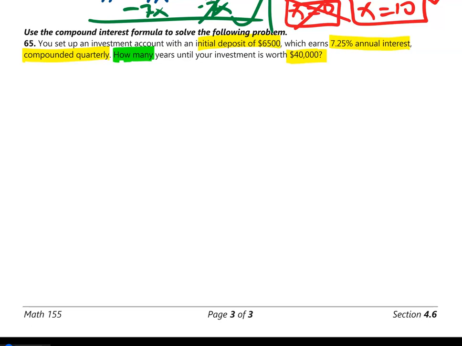So our compound interest formula, A, the final amount, is equal to the initial value times 1 plus the rate over the period, raised to nt. So what do we have here? A is that 40,000.